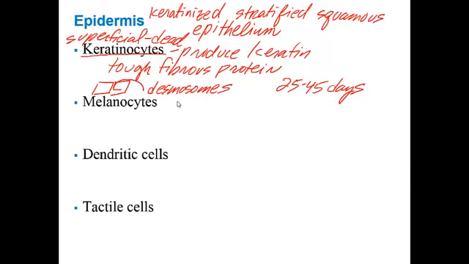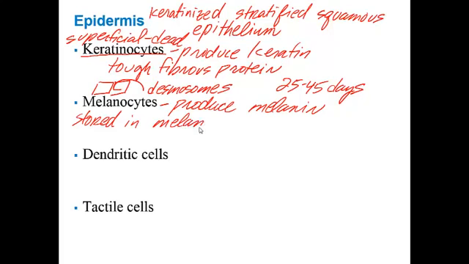Now the melanocytes, as you would guess, produce the melanin pigment. And when this melanin builds up, it is stored in little vacuoles, which we call melanosomes. So these melanosomes are going to store the melanin.